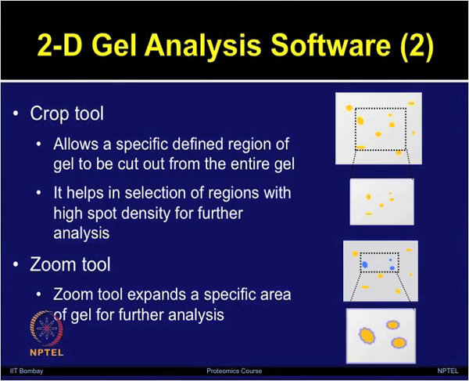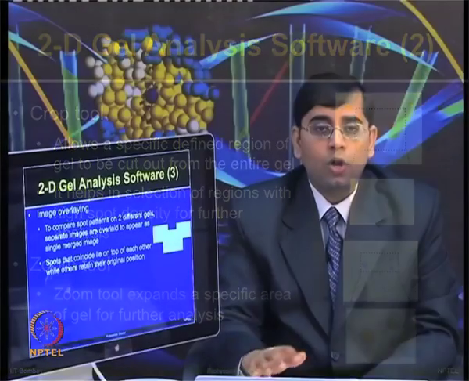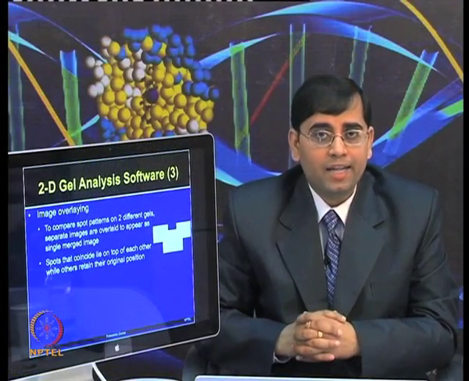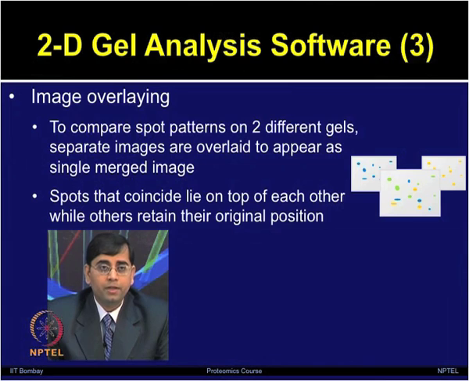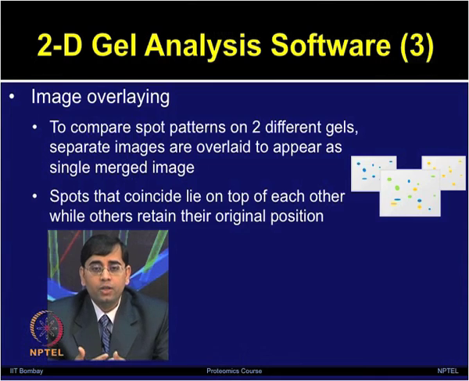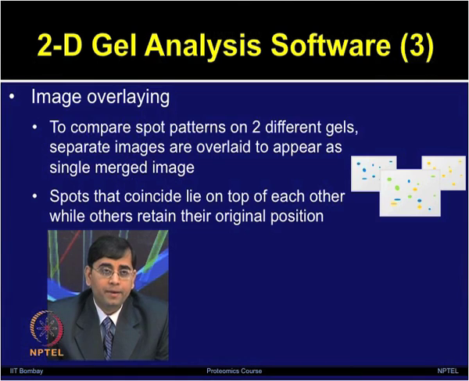Next, you would like to see your spots in more detail. So, you would like to use the zoom tool, which can expand a specific area of the gel for doing further analysis. Now, image overlaying is a very important aspect, because if you are comparing two gels, on one you have control, on the other you have treatment, you would like to overlay those images together to compare the spot pattern present on the two different gels, because you have acquired two separate images.